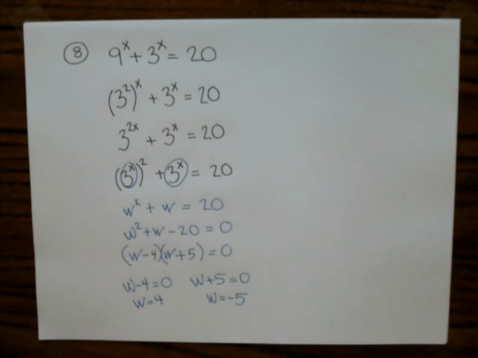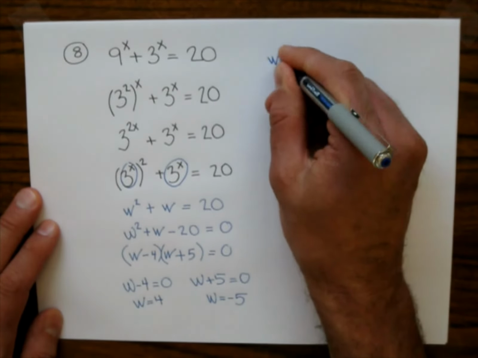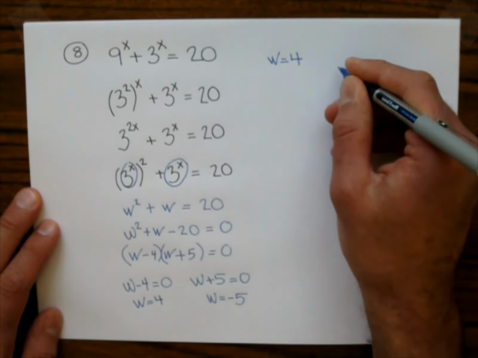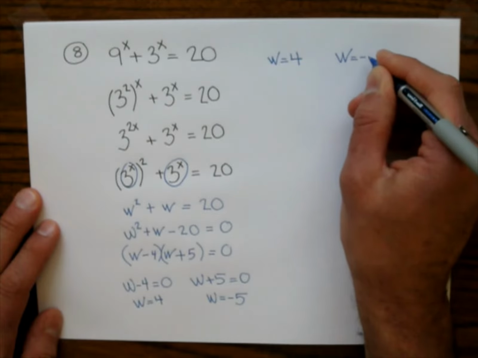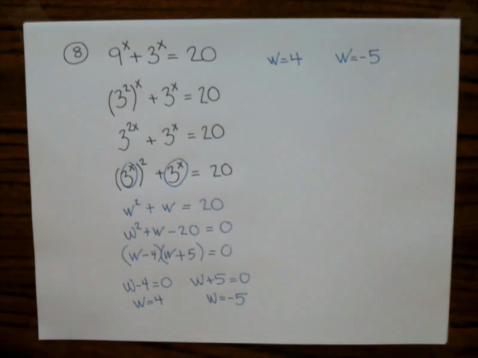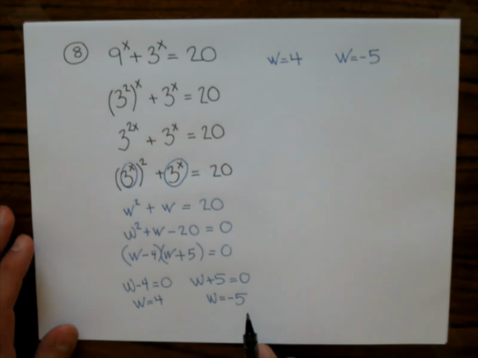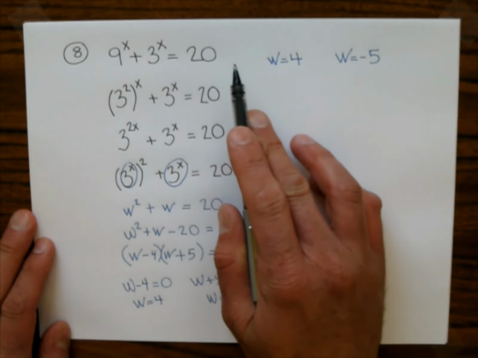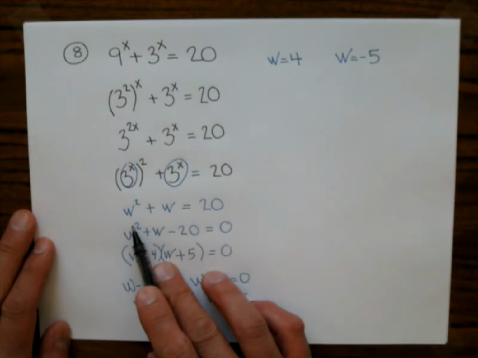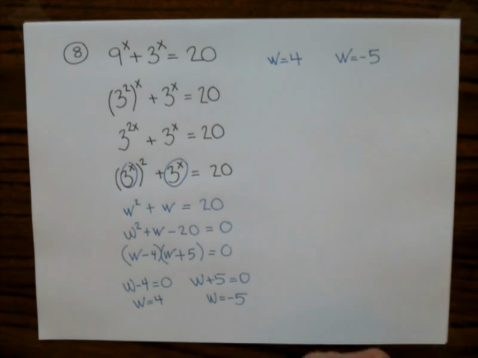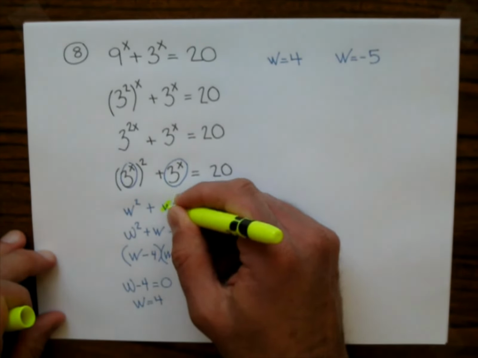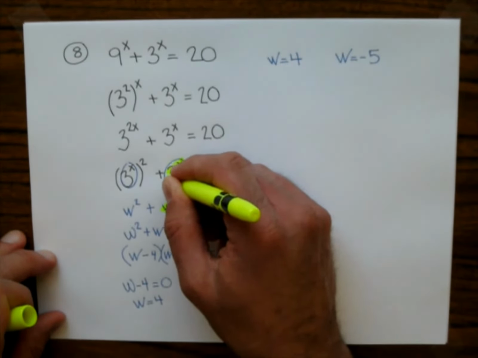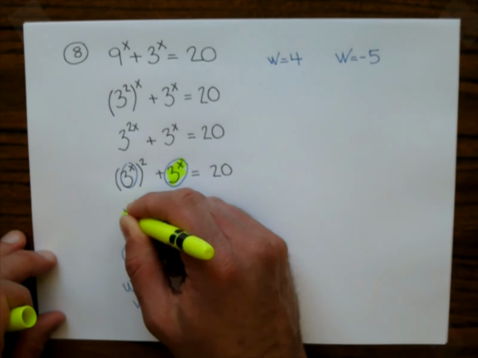Wow. So let's write that up here. W equals 4. W equals -5. Now the W is not what I was solving for. I'm solving for x. So I'm going to replace those W's with what? Those W's were 3 to the x's.